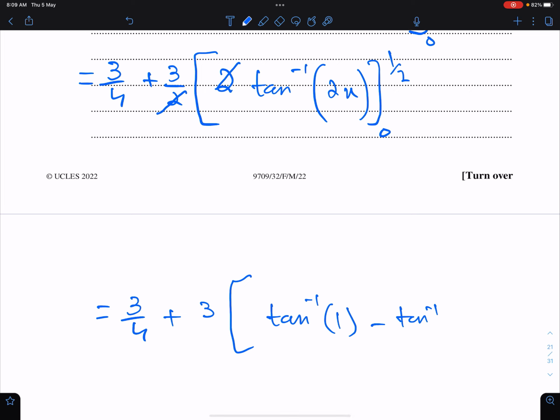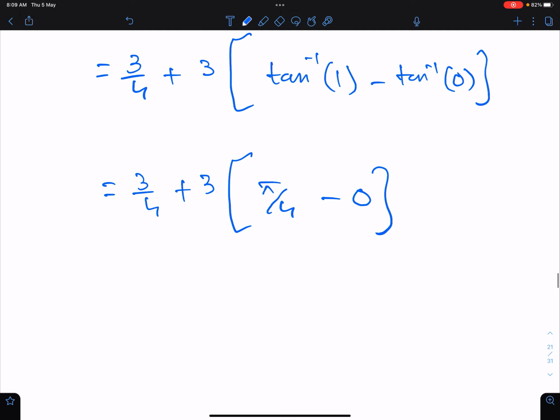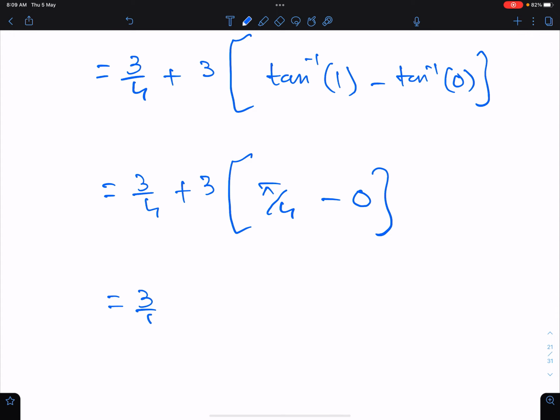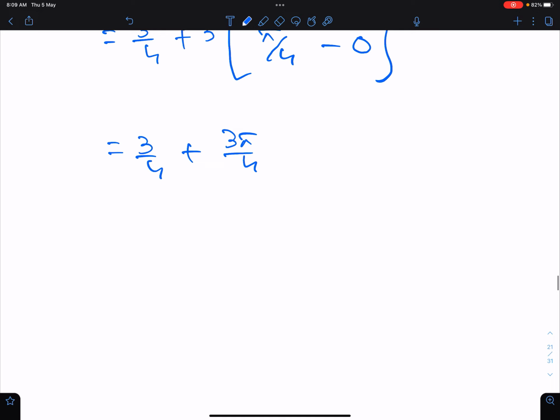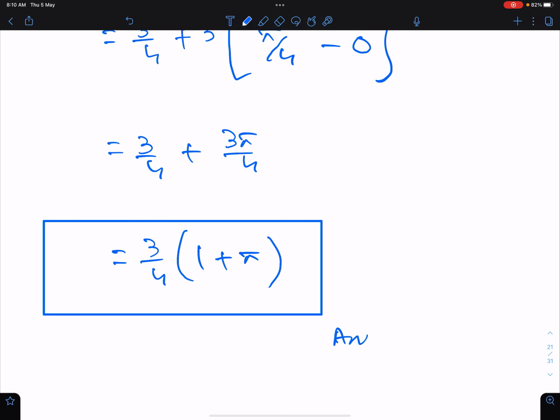And then tan inverse 0. Tan inverse 1 is pi by 4. Your calculator must be in radian mode. This is 3 pi by 4. Well, we can take 3 upon 4 common, so we have 1 plus 5. This is the final answer, and this is the exact value of the integral.